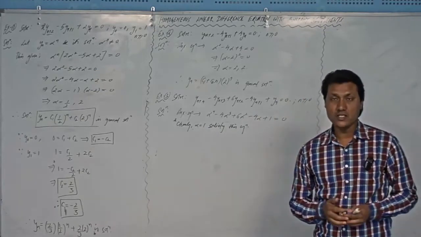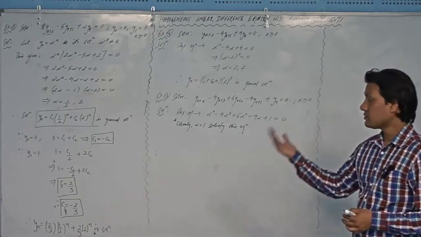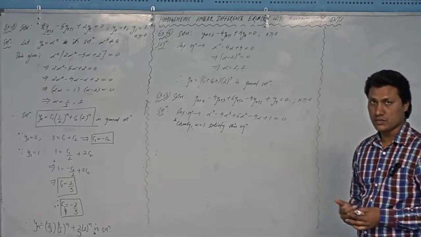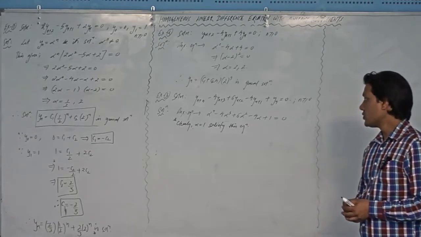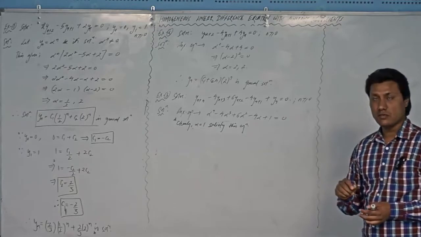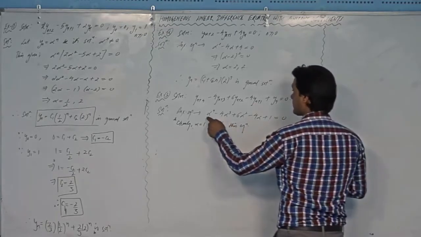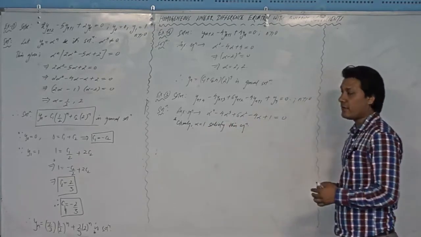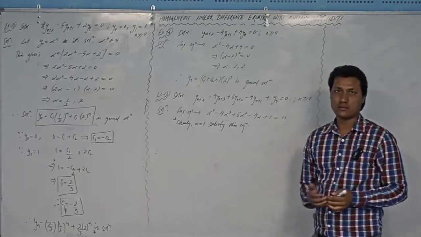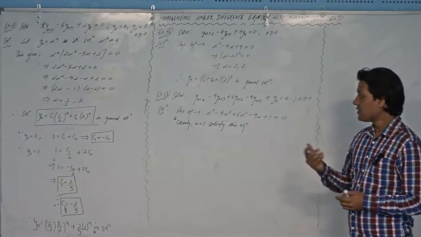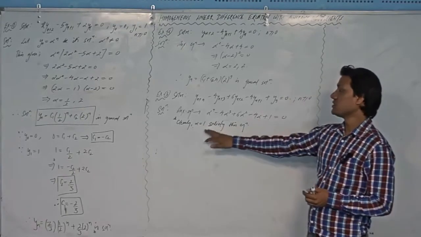Now another possibility is that alpha equal to 1 is a double or triple root of this equation. This is also possible. To see that possibility, we just differentiate this polynomial in our mind, and plug alpha equal to 1 in that derivative. If that becomes 0, it means that alpha equal to 1 is a double root.